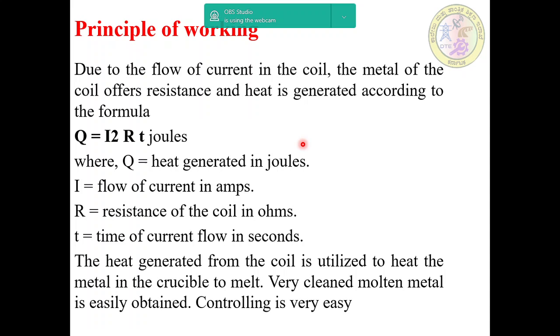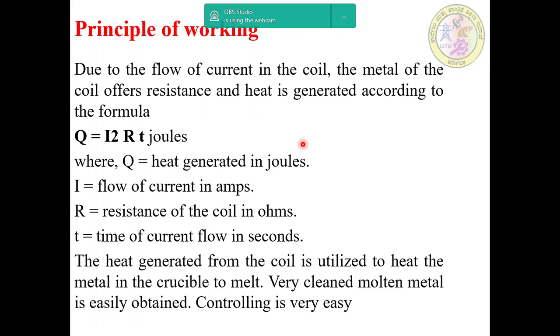resistance furnace. The main thing in this is that due to the flow of current in the coil, the metal of the coil offers resistance and heat is generated. Q, the heat generated in joules, equals I squared R T. Here I is the current in amps, R is the resistance of the coil in ohms, and T is the time of current flow in seconds.